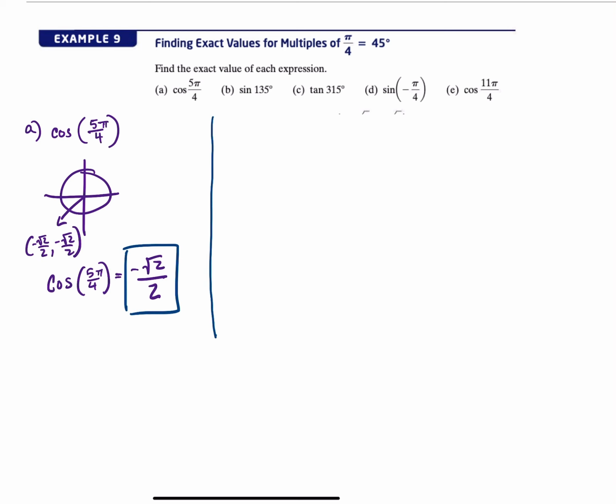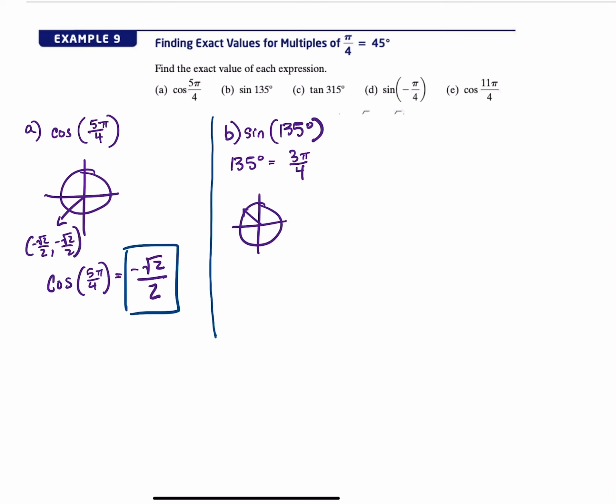Let's see another example. Now we have the sine of 135 degrees. If we do a quick conversion, 135 degrees is equal to 3 pi over 4. For 3 pi over 4, the numerator is 1 less than the denominator.